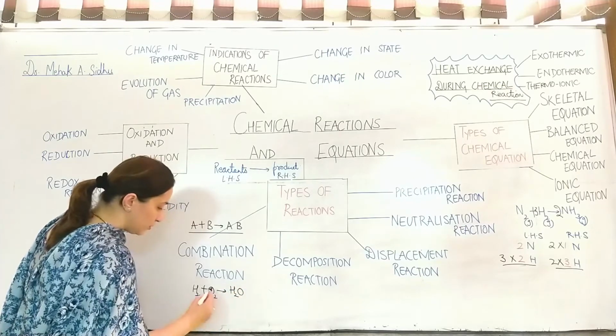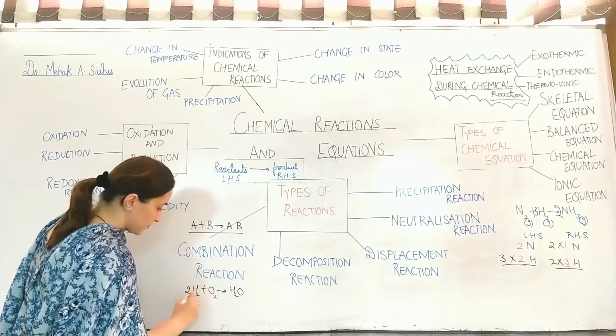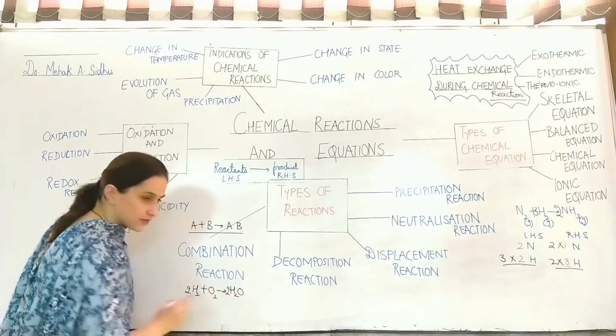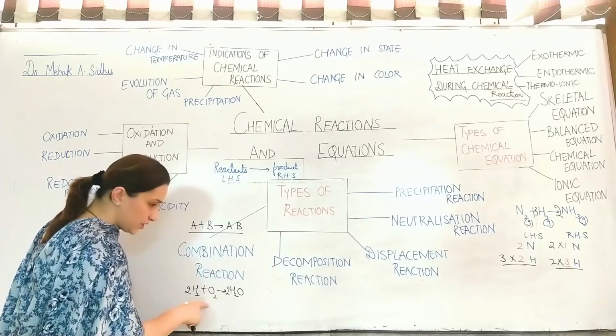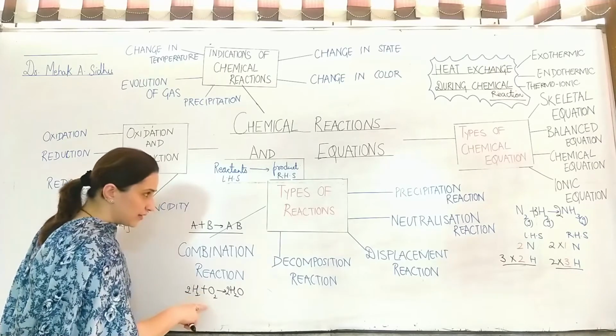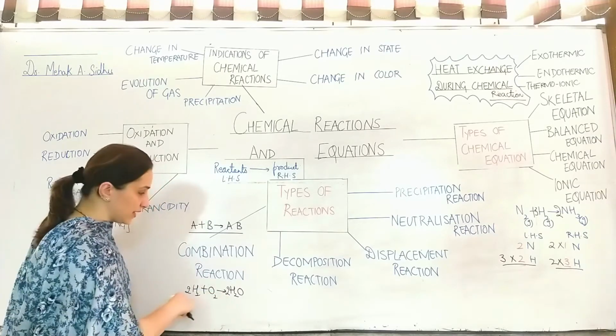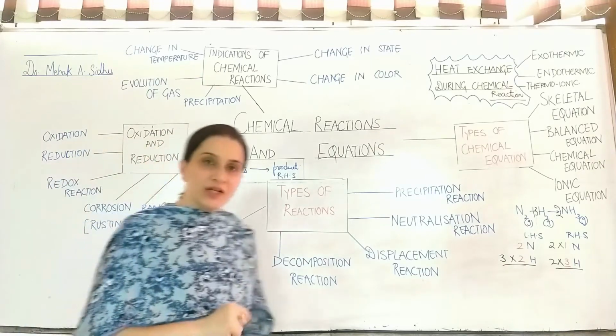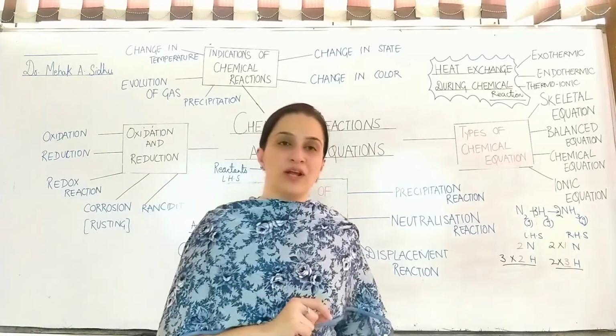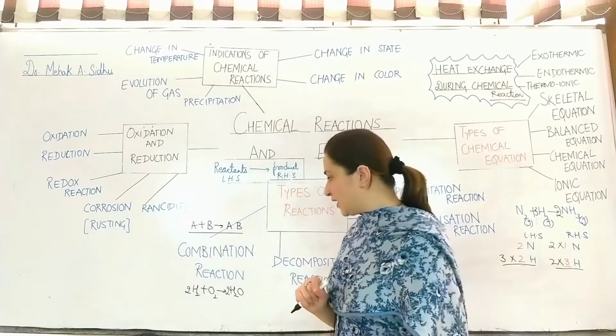We'll do the balancing also, and now it is balanced. As two reactants are combining to form one product, that is why it is known as a combination reaction. Whereas decomposition is also known as the opposite of combination reaction.